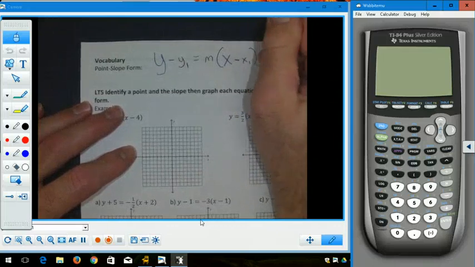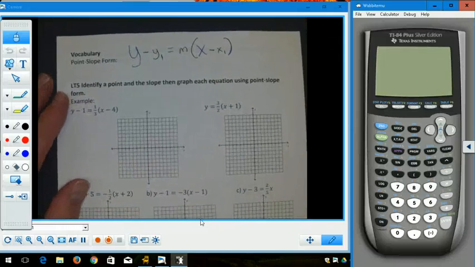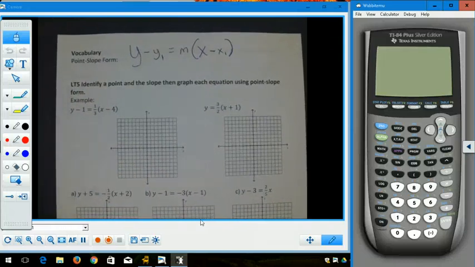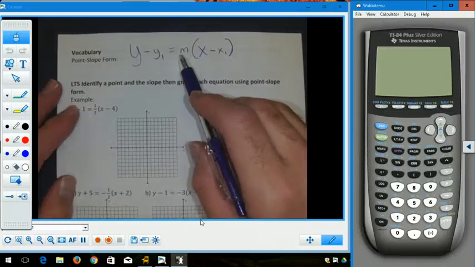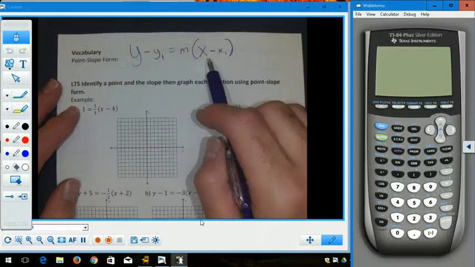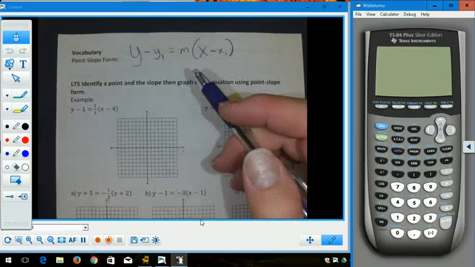We use this form a lot in geometry when we're writing equations, and even in Algebra 1 when we're trying to write linear equations, because as long as I have a point and the slope, I don't need to solve for the y-intercept to write the equation. I can actually plug them into this formula, and then I can simplify to get the equation into slope-intercept form.